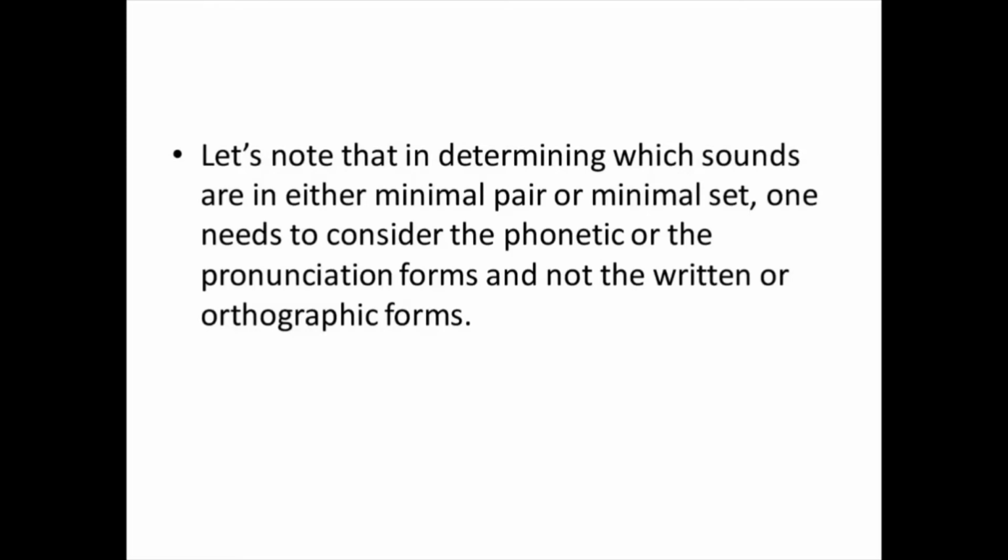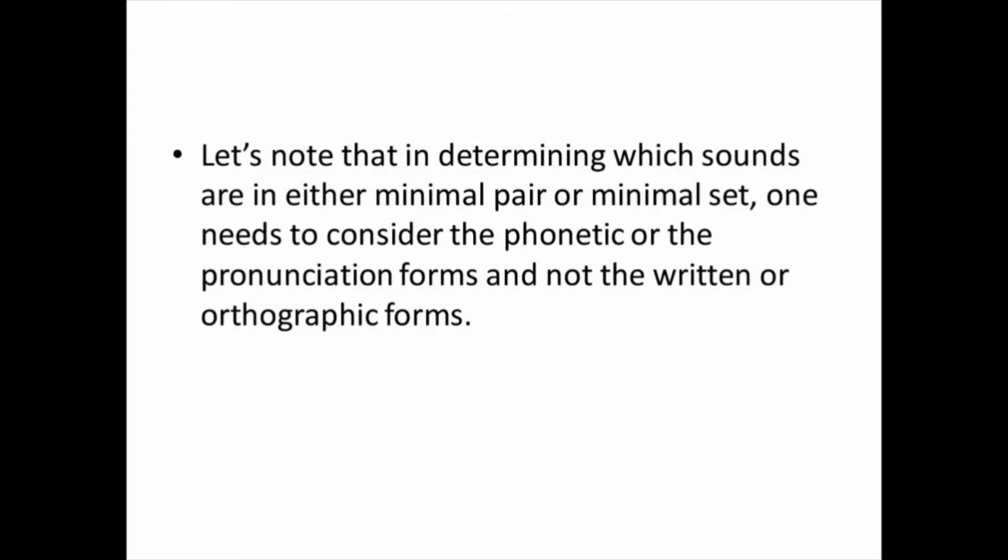It therefore means that if we take k and t in tree, for example, and you add a to k, and you have ka, and then you add a to t, and you have ta, and you have meanings for these two words. They are minimal pairs in tree.